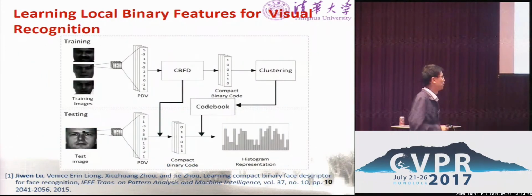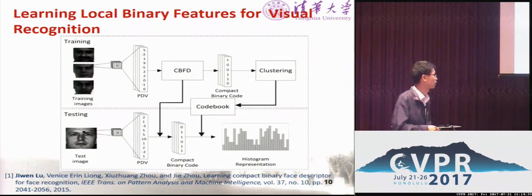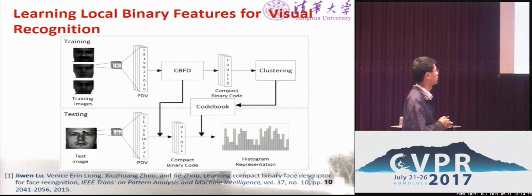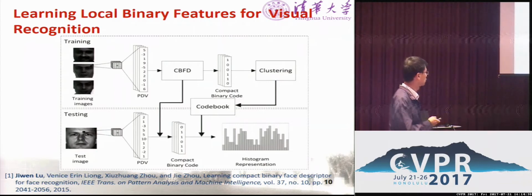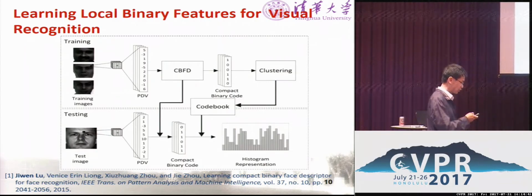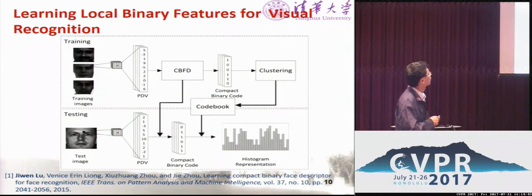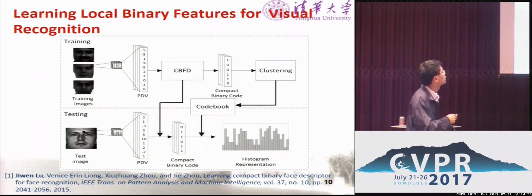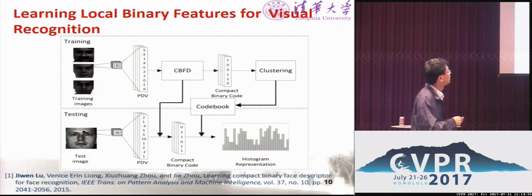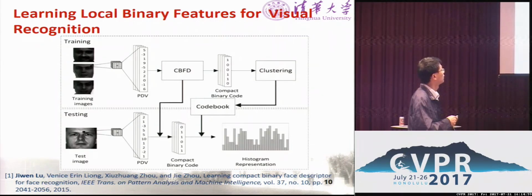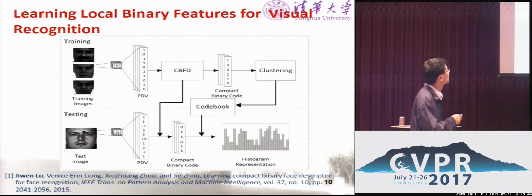Based on this idea, we proposed a method called compact binary face descriptor for face recognition, and this paper was published in 2015. So what's the key idea of our approach? We first give a face image. We sample some patches within each image, or even the whole training set. Then for each patch, we first get a PDV feature vector. What's the PDV feature vector? It's almost the same as LBP. We compute the difference between the elements around the central pixel and the central pixel.